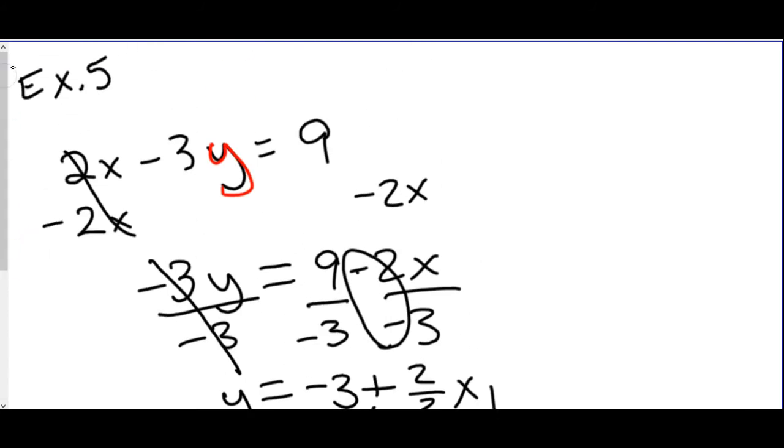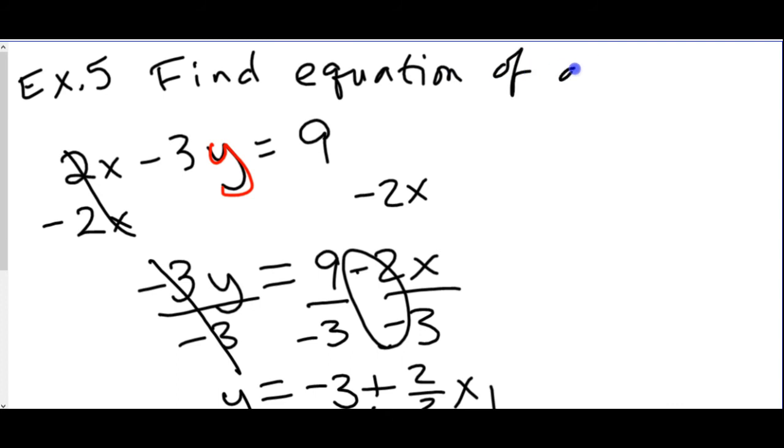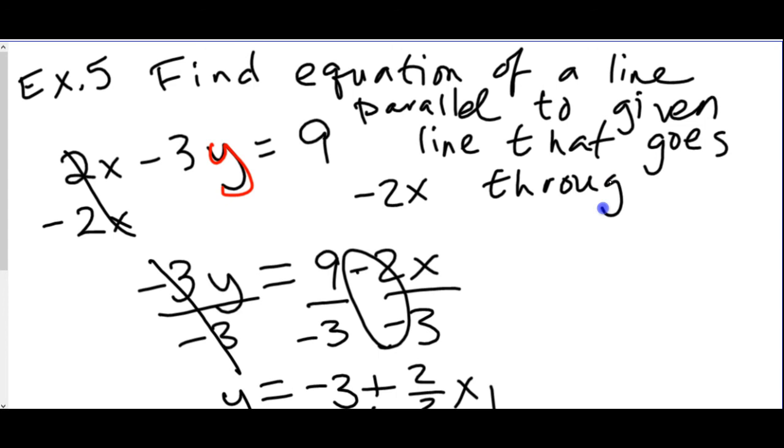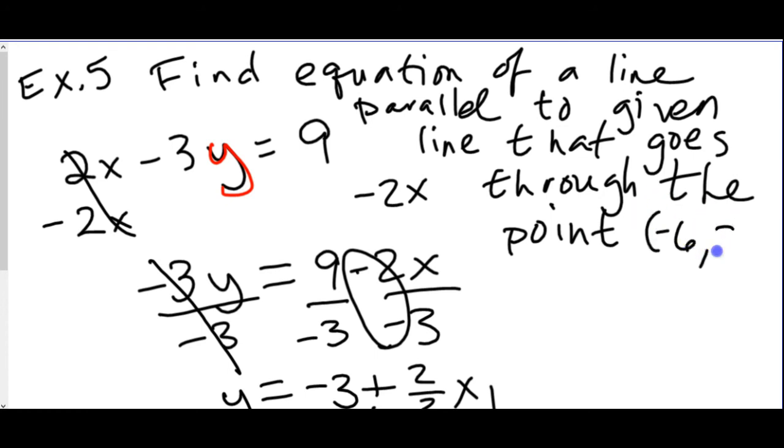I could have said find the equation of a line parallel to the given line that goes through the point -6, comma 2.